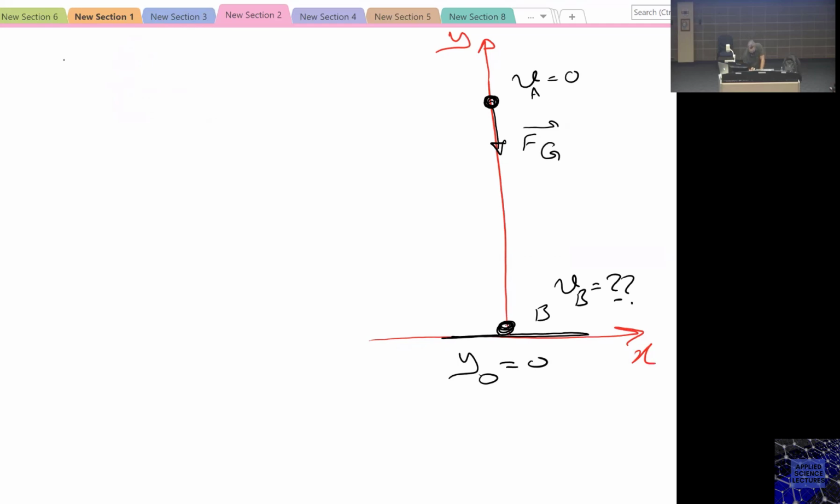So if I am to calculate the gravitational potential energy at point A and the kinetic energy at point B and point A as well, then I have EPA equals mgyA.